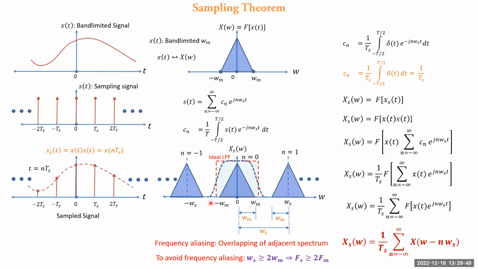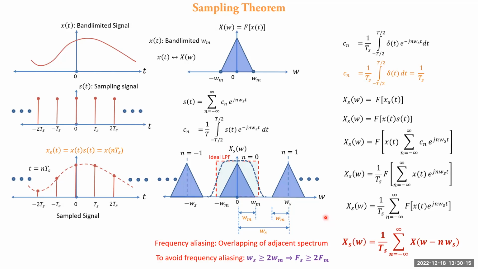Practically, we cannot design an ideal filter. So a real life low pass filter will have a finite slope, and that finite slope will overlap if the gap is exactly 0, that is, omega s is equal to exactly twice omega m.